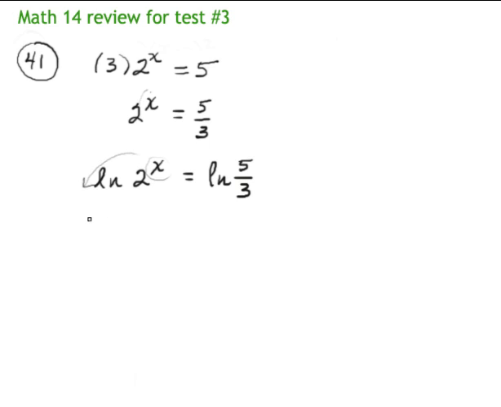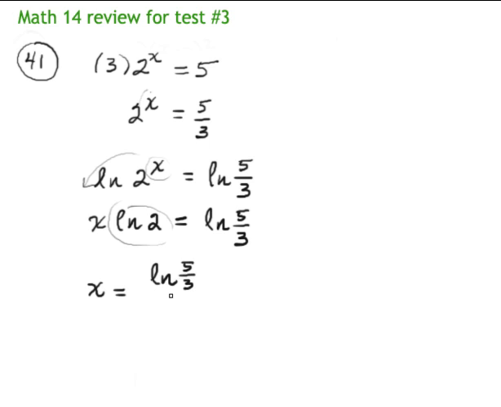All right, so x ln 2 is equal to ln 5/3. And then divide both sides by ln 2. And we have x is equal to ln 5/3 divided by ln 2.